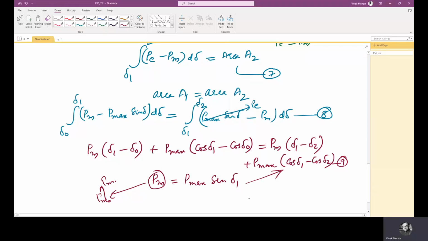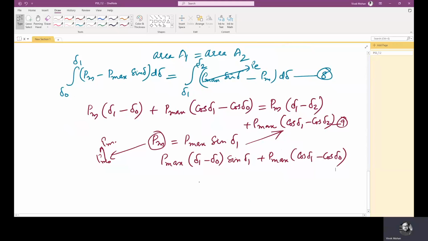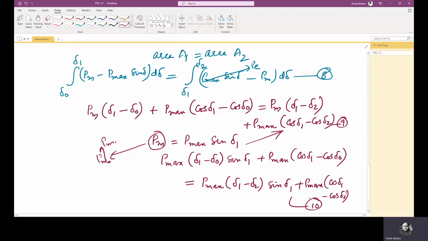If this is substituted, we get P max into (del 1 minus del 0) into sine del 1 plus P max (cos del 1 minus cos del 0) equals, this is the LHS, equals P max (del 1 minus del 2) sine del 1, this is the RHS, plus P max (cos del 1 minus cos del 2). Let it be equation 10.